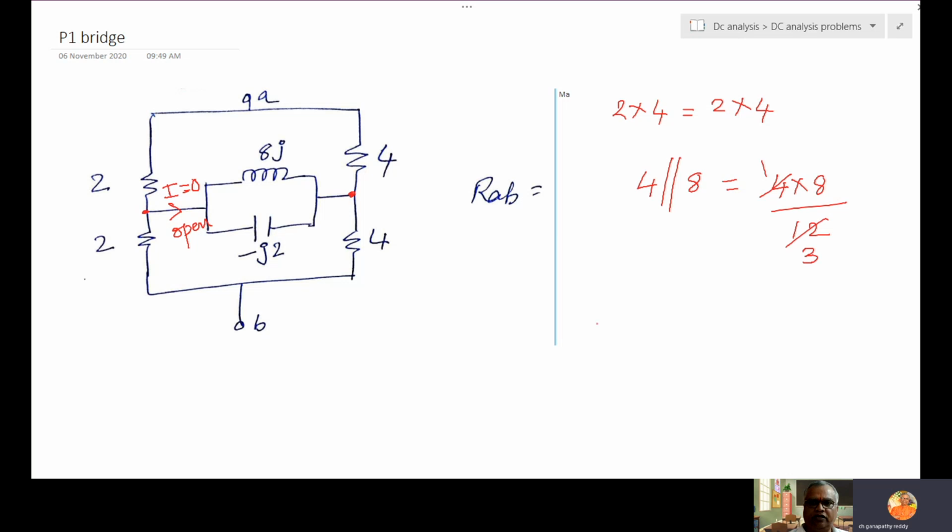So what is the answer? RAB is 8 by 3 ohms. So this is the simple idea. If you get this idea, you will get the answer fast. That is the problem.